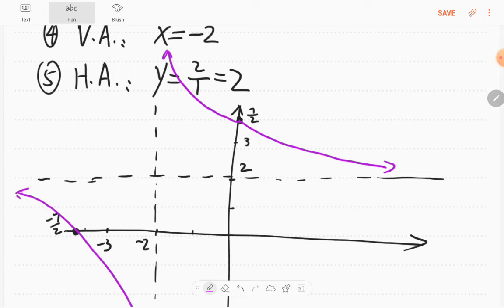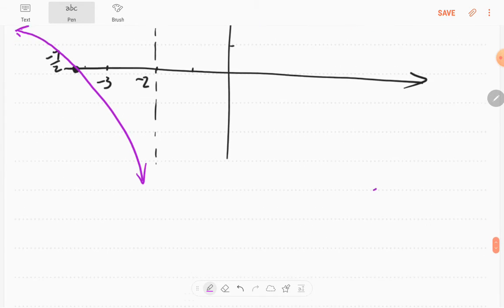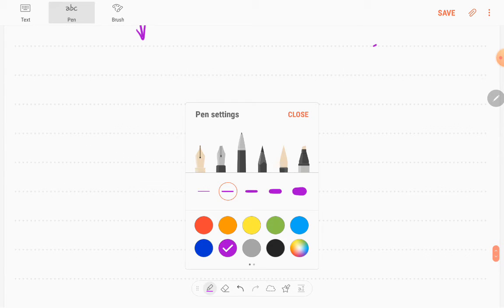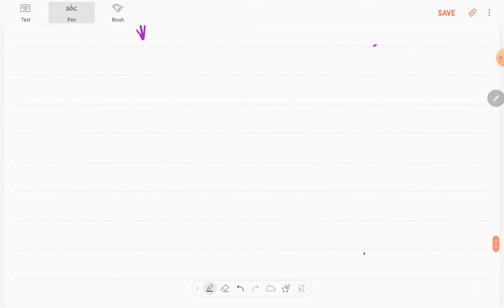If you want to draw the graph very precisely, except the intercepts, you can have more sample points. Okay, so now we have the horizontal asymptote and the vertical asymptote.